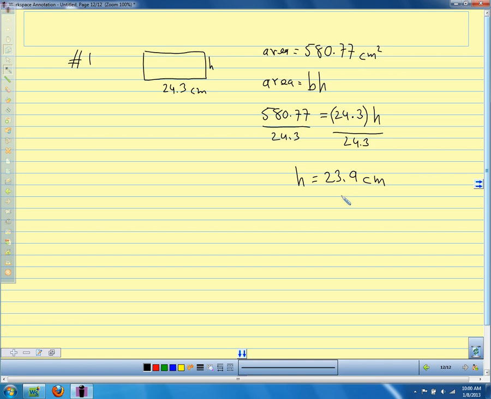So that's one type of problem you might have to do, where you have to find one part of a formula where they give you other parts. Let's look at number 5.